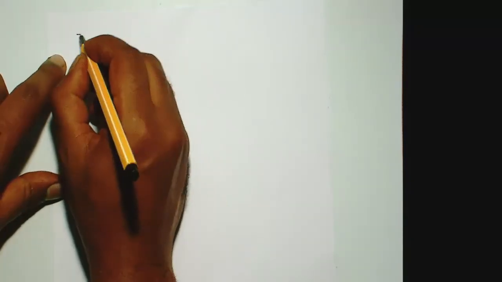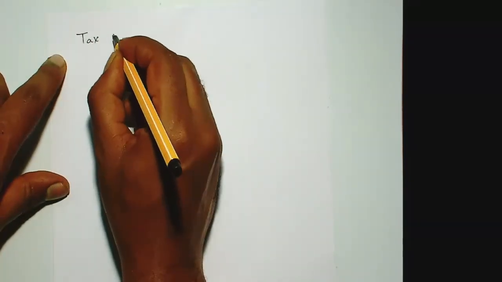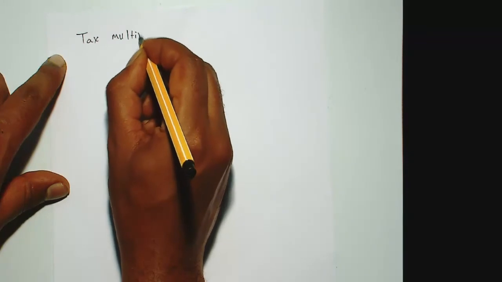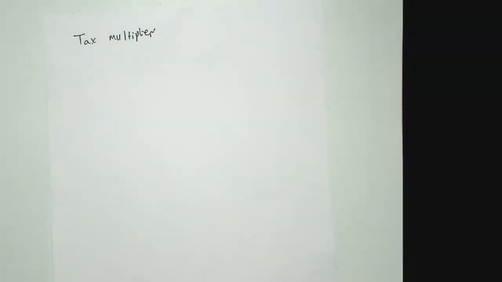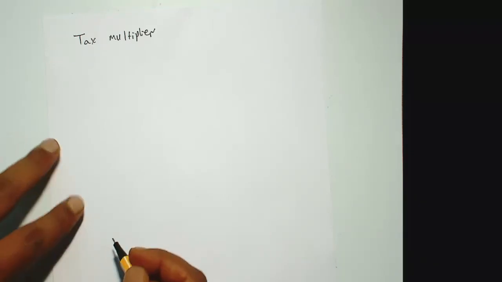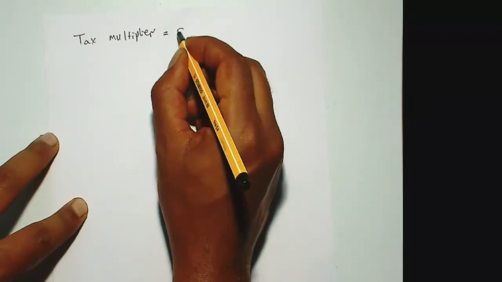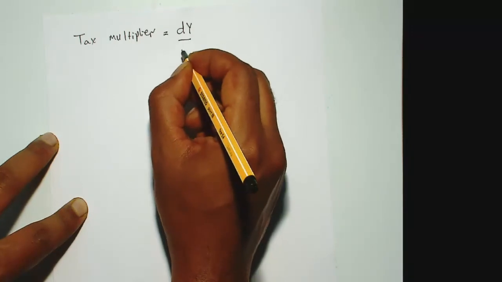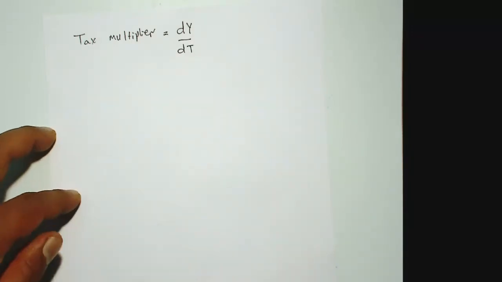The second part of this exercise is to derive the tax multiplier. Just like the government expenditure multiplier, we interpret it as by how much our income would change if tax changes by 1 unit. It is again represented by the formula dY over dT.